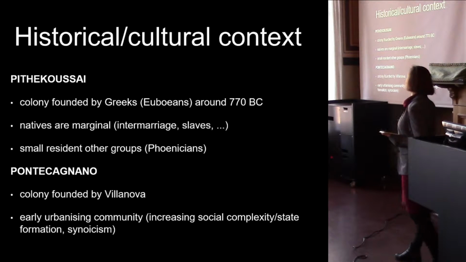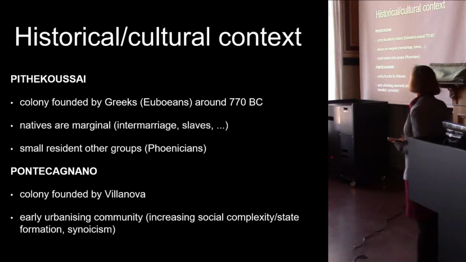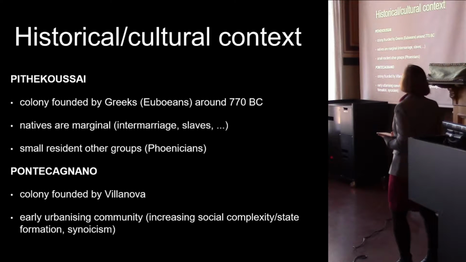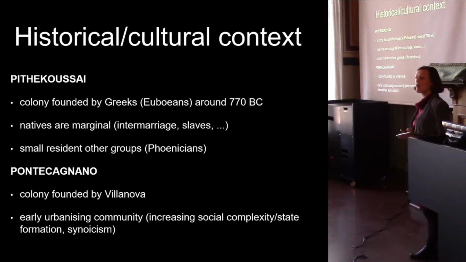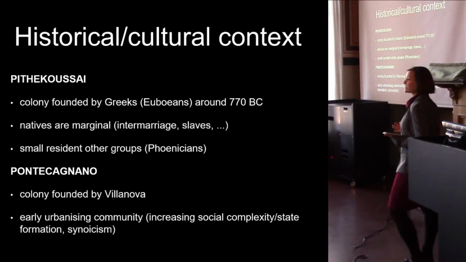The archaeologists have obviously made a number of assumptions based on the finds we have from these sites. Pithekoussai is generally seen as a Greek colony founded around 770 BC. This interpretation is based on Roman sources.